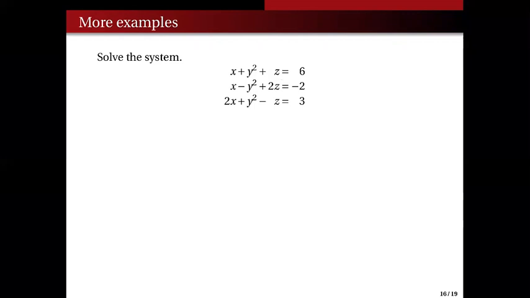So if we let, say, w be equal to y squared, then this system here can now be written as x plus w plus z equals 6, x minus w plus 2z equals minus 2, and then 2x plus w minus z equals 3.